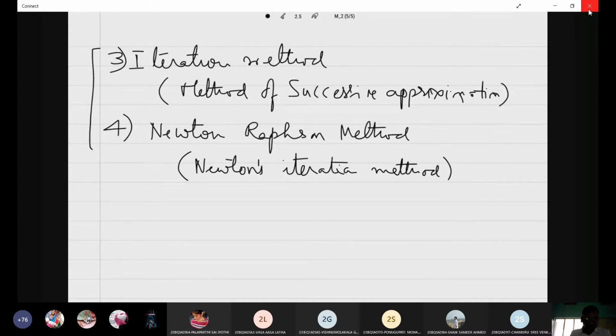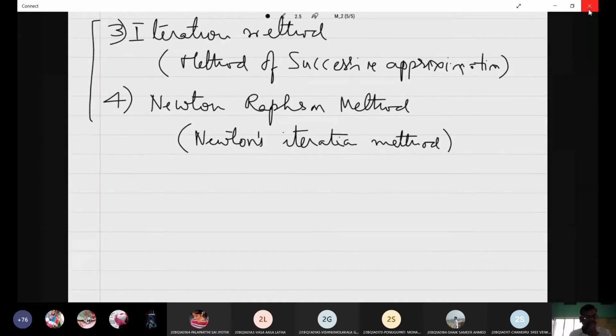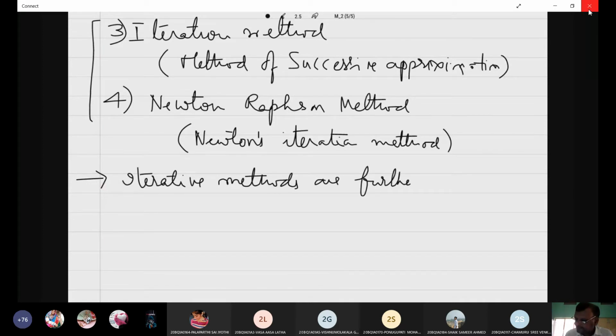Note down these 2 points. Open method, very, very important. This is the knowledge behind the solution of this equation, that we have to listen carefully and make these points. Iterative methods are further divided into 2 categories.